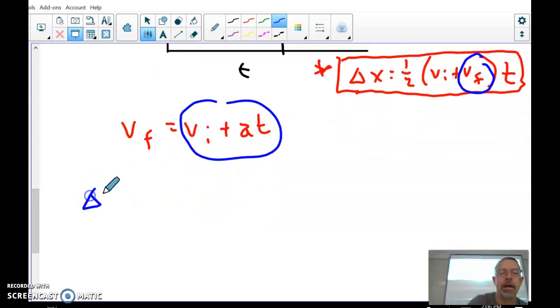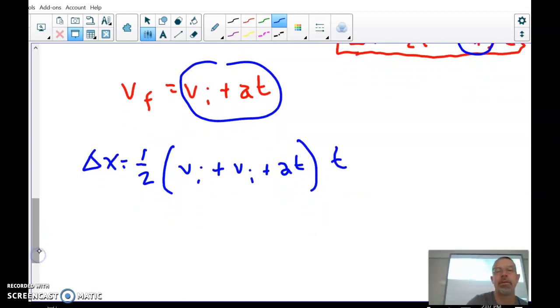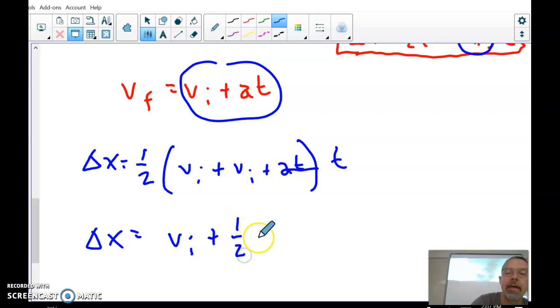So now we get delta X equals 1/2 times VI plus VI plus AT times T. And what this simplifies into is you get 2VI here plus AT squared. And what this really simplifies down to is delta X. If you have 2VI divided by 2, it ends up being VI plus 1/2 AT squared.